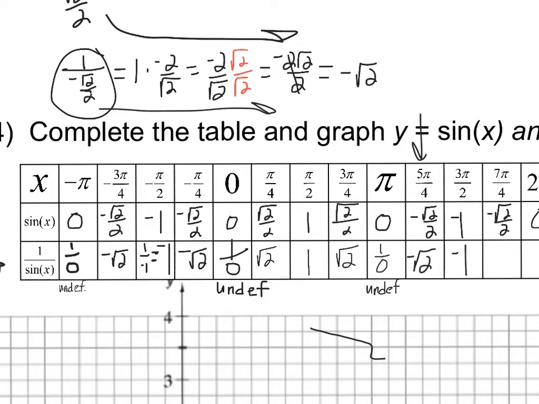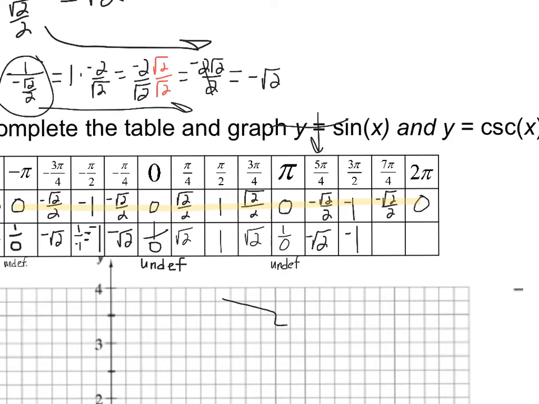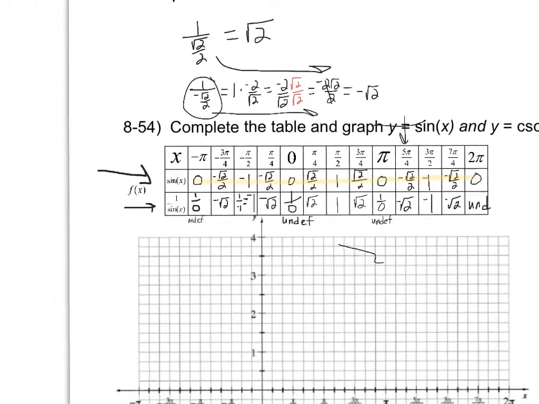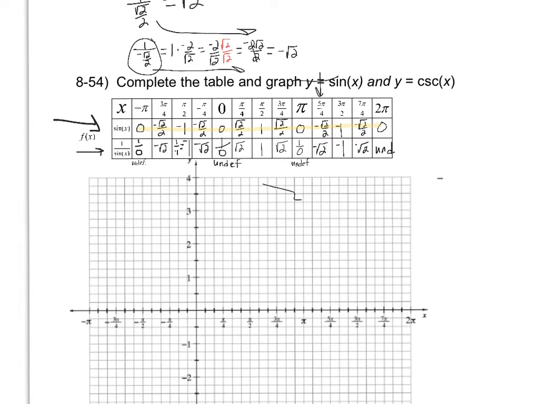You just got to keep thinking to yourself, we're taking 1 over all of the sine output values. So we're just taking 1 over each of these. So now 1 over a negative square root 2 over 2 is a negative square root 2. And 1 over 0 is undefined. So let's try to graph this.